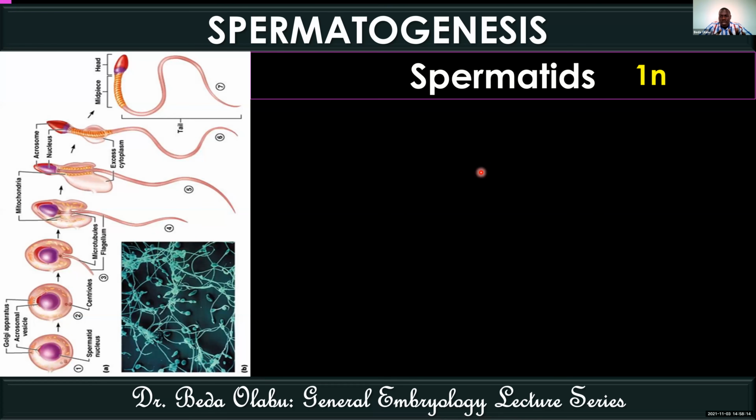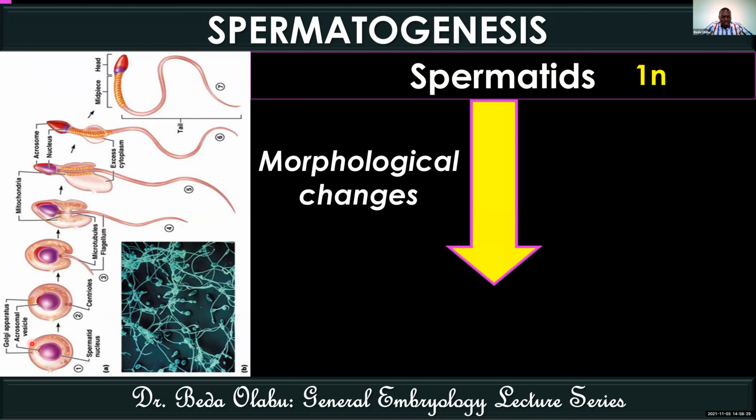Let's see how sperms undergo morphologic and functional maturation processes. Spermatids look like this, rounded cells. We know that that's not the kind of cell we have in mind when we talk about sperms. This is what we have in mind, but that's what we have right now.